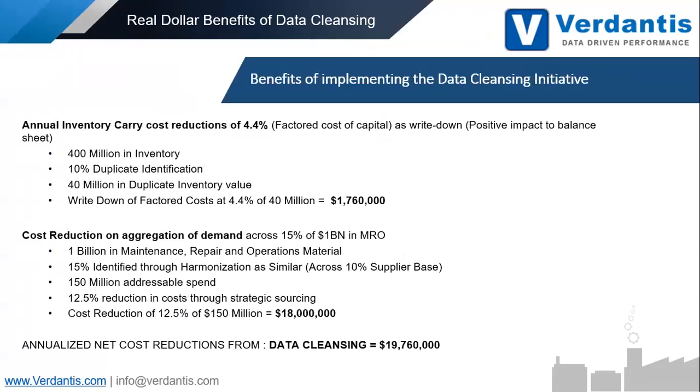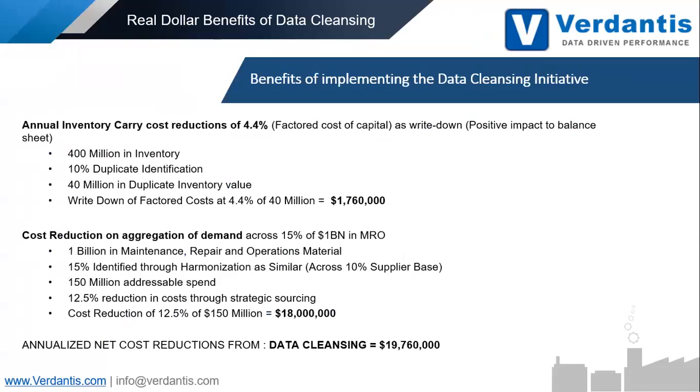So what's that mean from a numbers perspective? From a numbers perspective, they really looked at and quantified this in three different buckets. They were looking at carrying cost reductions. So their factored cost of capital was 4.4%, and by reducing 10% of the $400 million inventory, they were able to realize $1.7 million in factored costs that they'll realize every year.